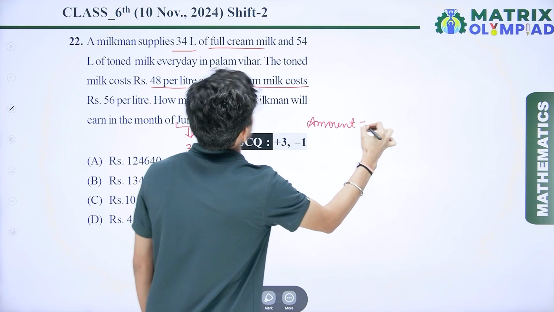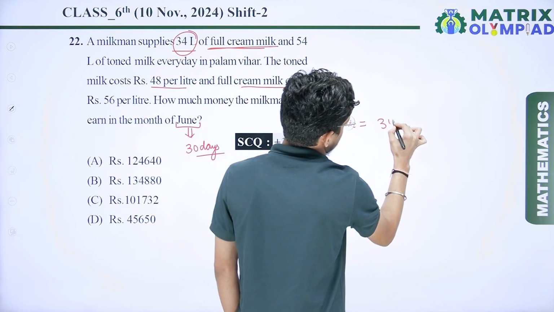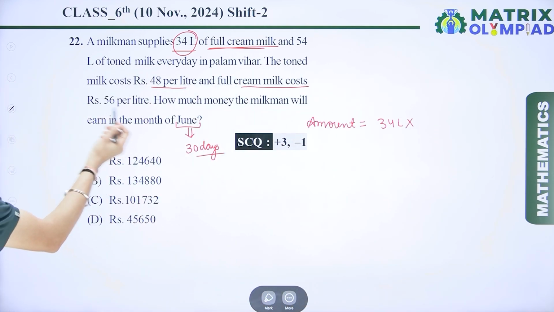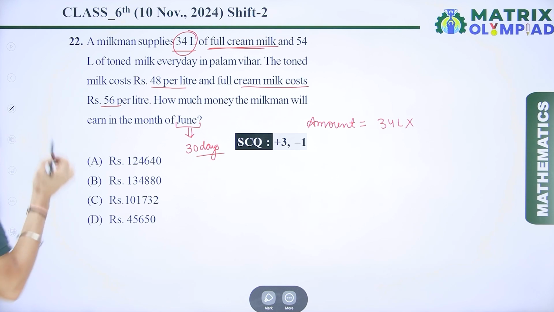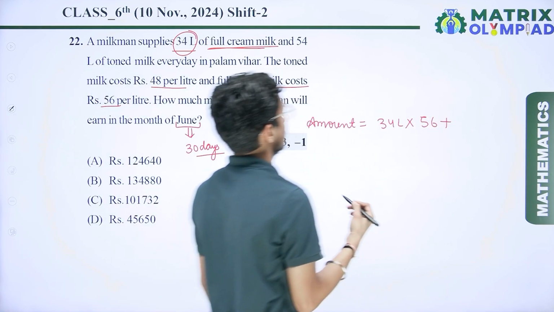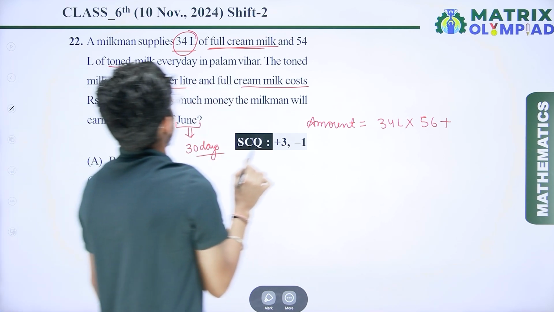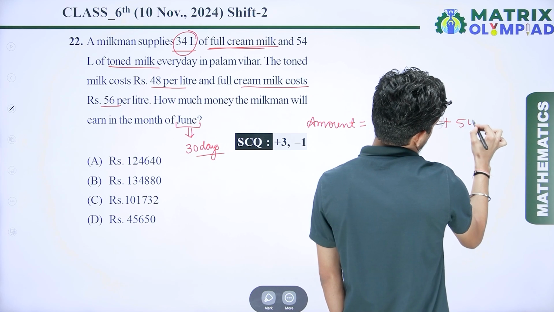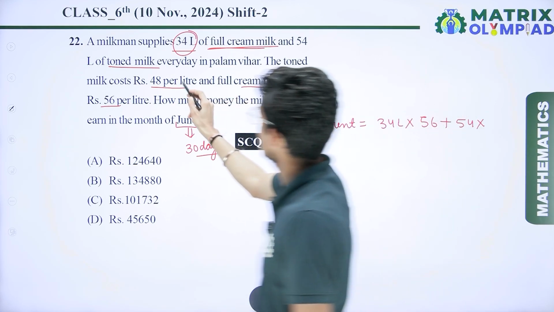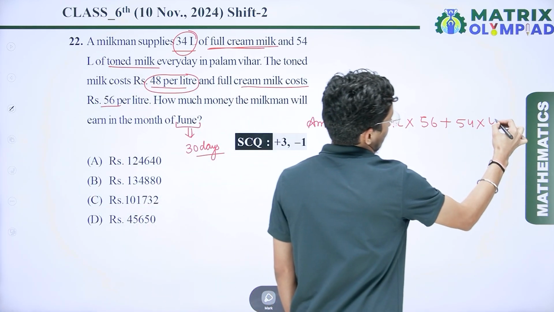So we know amount, that is, if I talk first about cream milk, we have 34 liter and the cost of cream milk is 56 rupees per liter, plus toned milk, that is 54 liter, and the cost of toned milk is 48 per liter.